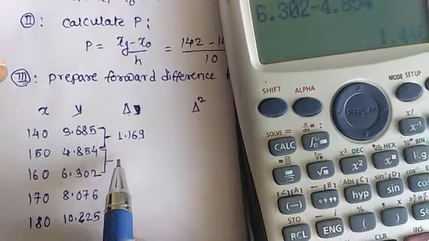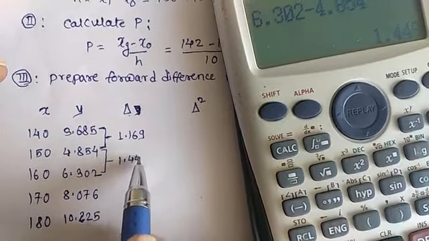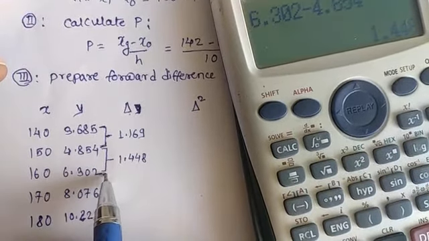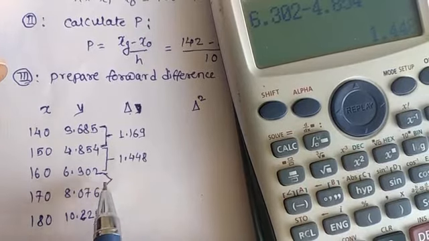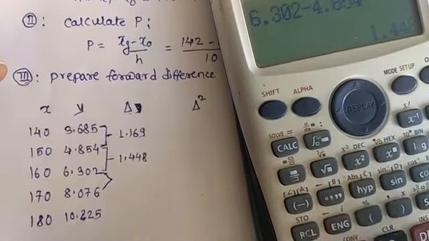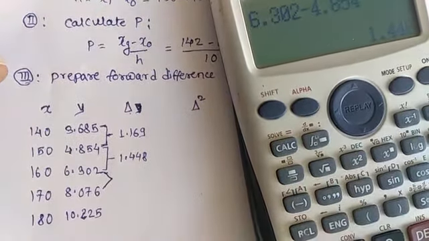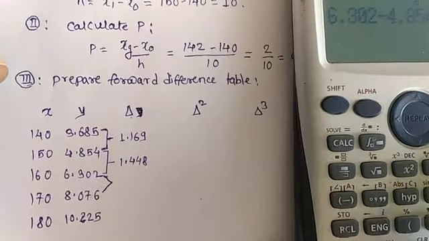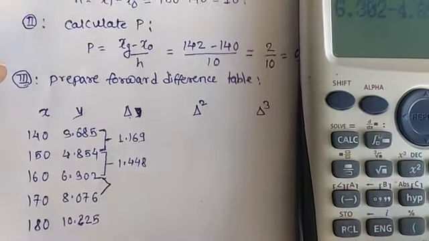So here we get 1.448. Next, the third difference, we will write in the center values only.